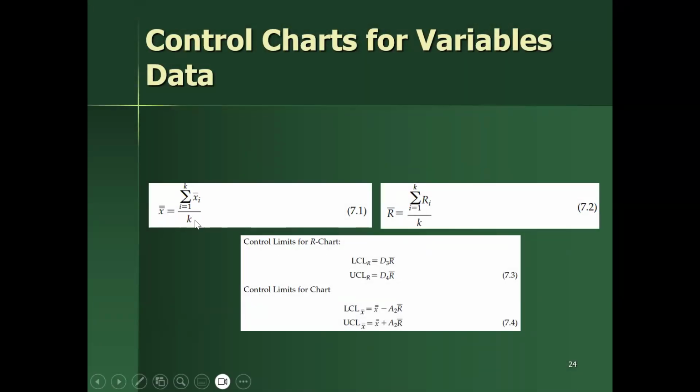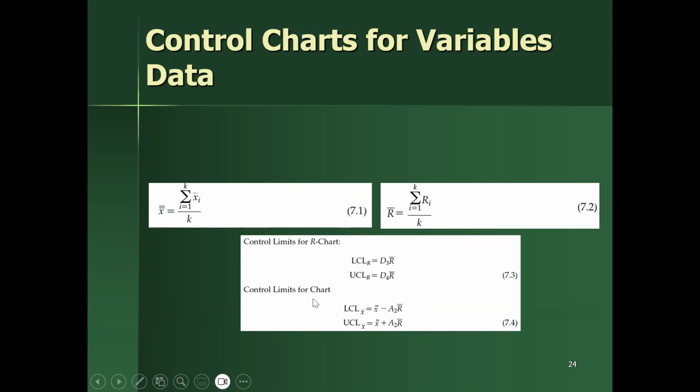I add the averages and divide by how many averages I have. And also, I calculate the average of range. You add the ranges up and divide by how many you have. And then we use these equations for calculating the limits for the X bar chart and the R chart.